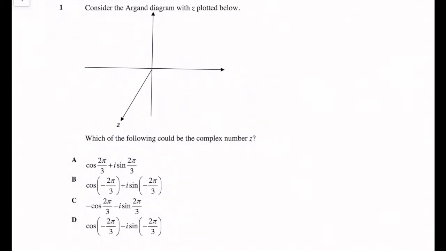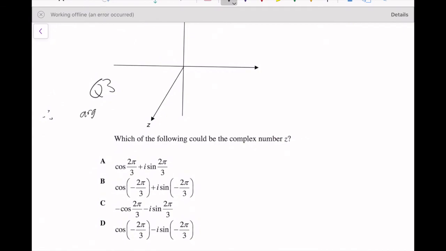Now, in this question, we have it slightly different. We have been given a graphical version of the complex number, and we need to discern what its polar form is. We do not have anything to signify the modulus, but we can determine roughly what its argument is. Well, it is in the third quadrant, so therefore we know its argument is between negative pi on 2 and negative pi.